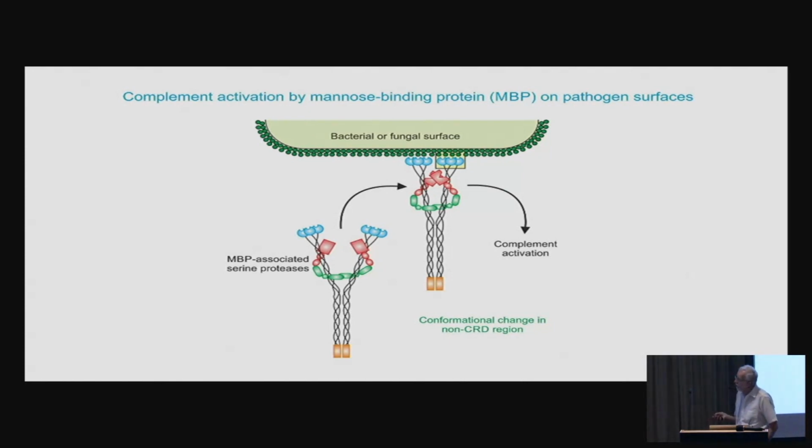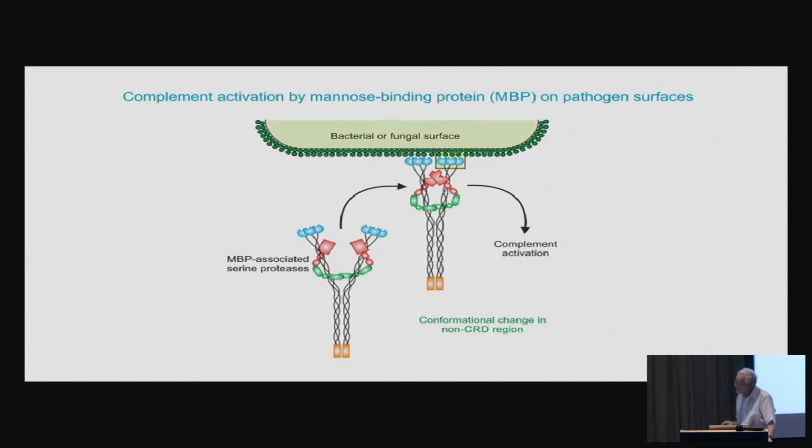What we think that involves is, although these binding sites are rigidly adjacent to each other in the trimer, when you put together multiple trimers into the larger mannose binding protein oligomer, there is flexibility between the different arms. That is very definitely true. We can see that in the microscope.